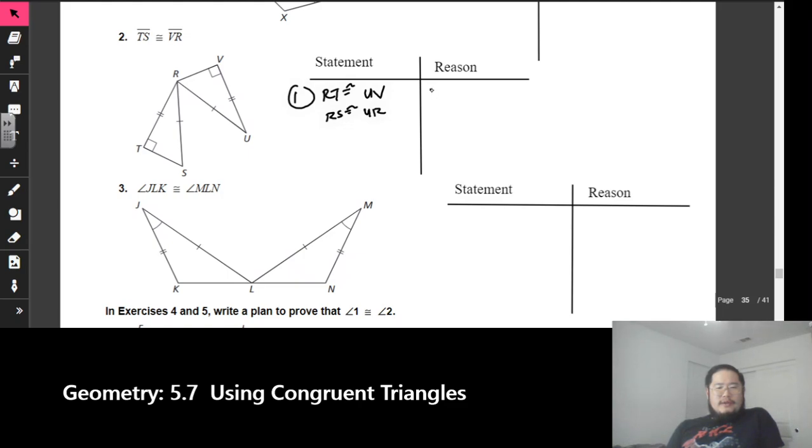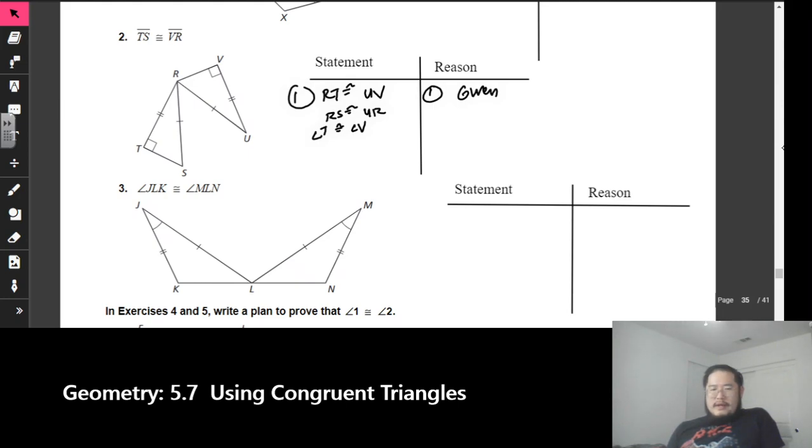I think those are the critical things right here. No, I guess we have angle R, or sorry, angle T is congruent to angle V. All right, so let's go ahead and put that as given. And they're congruent because they're right angles.